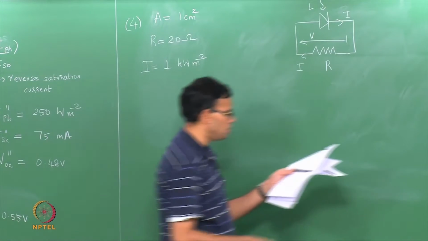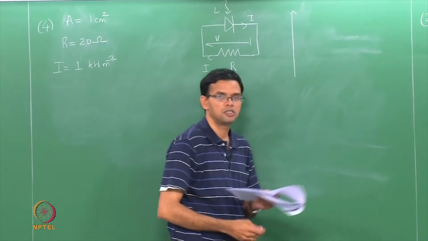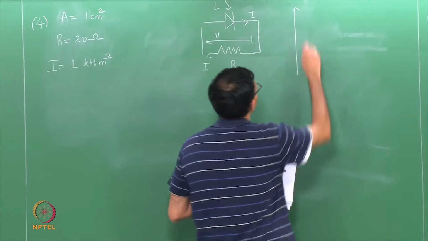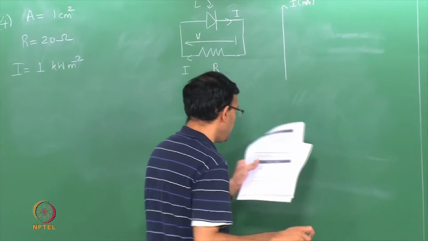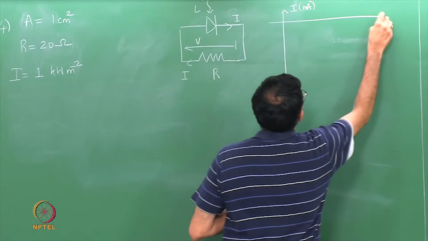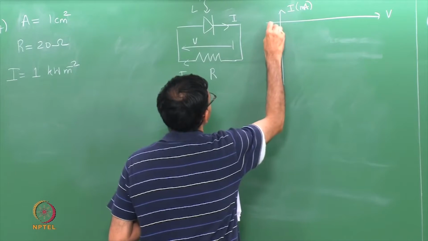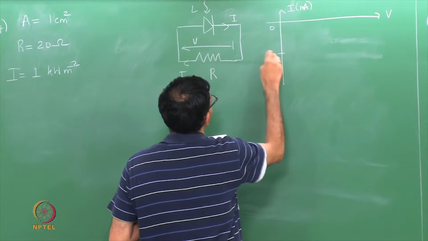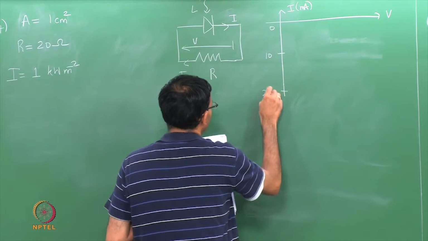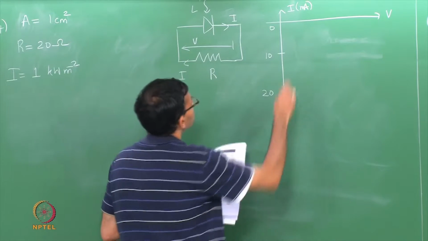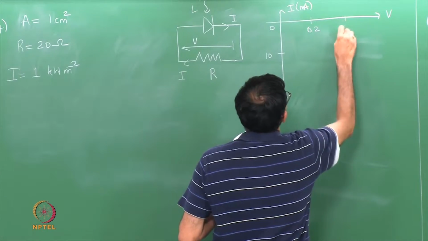So, let me plot this. This IV characteristic is for 500 watts per meter square. So, we have current I that is in milliamps and we have voltage V. So, this is 0, you have 10, you have 20, this is 0.2, you have 0.4.